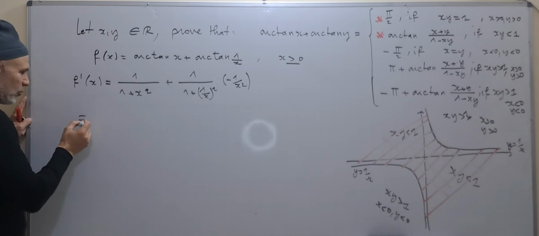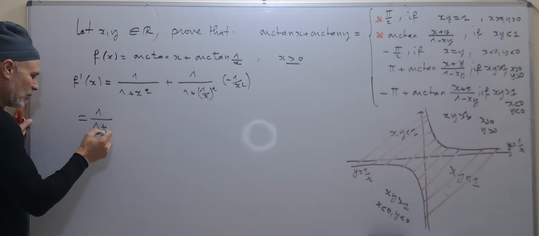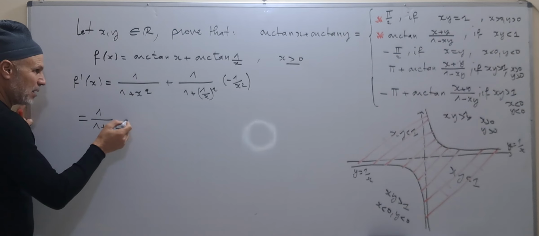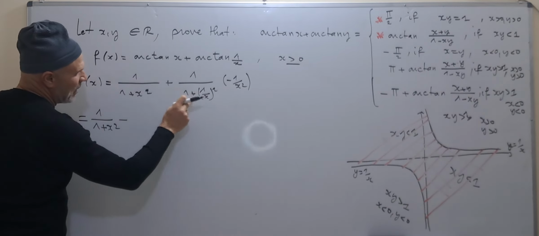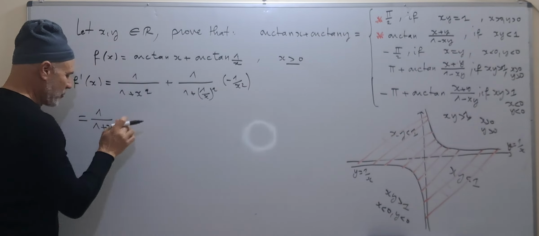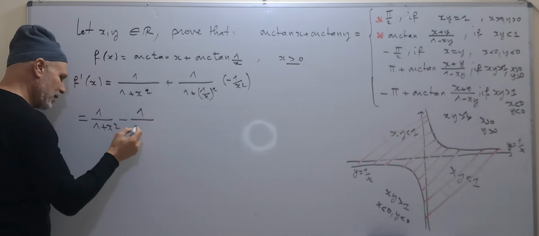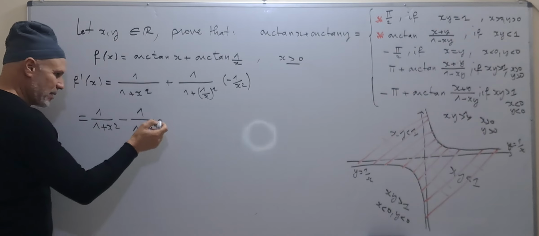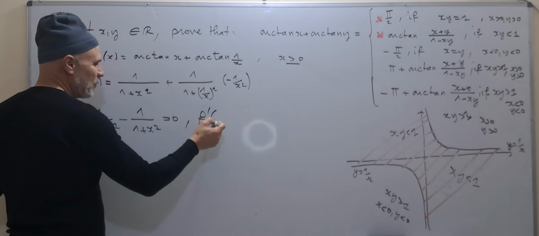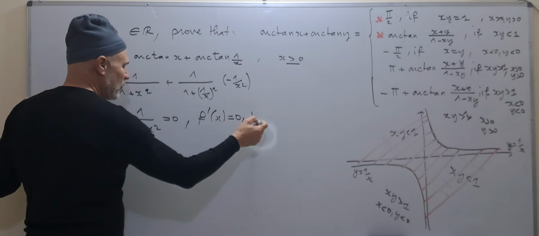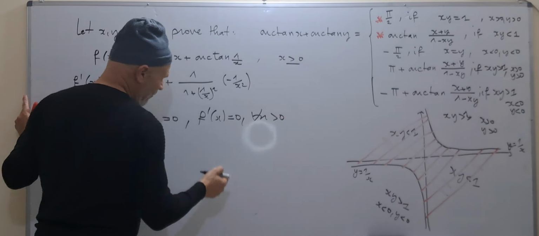This is equal to 1 over 1 plus x squared minus, here we have x squared, with this x squared it turns to this formula, which is equal to 0. So f prime of x is equal to 0 for all x positive.